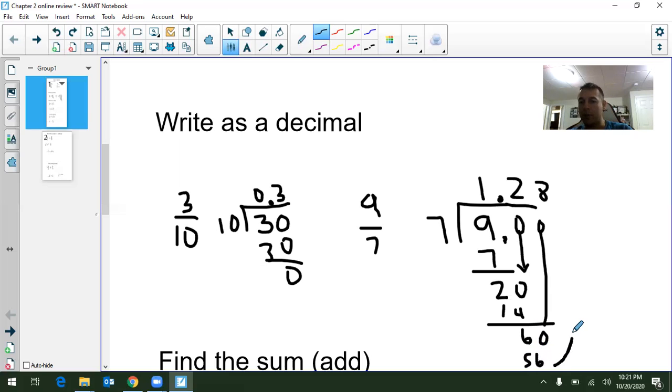And I'm just going to hop over here. 60 minus 56 is 4. We'll bring a 0 down. And 7 goes into 40 about 5 times. And if you get past 3, just call it done, because this will keep going for a little while. And so this is all I want. Don't go past 3 more spots, and this will be good for your answer.